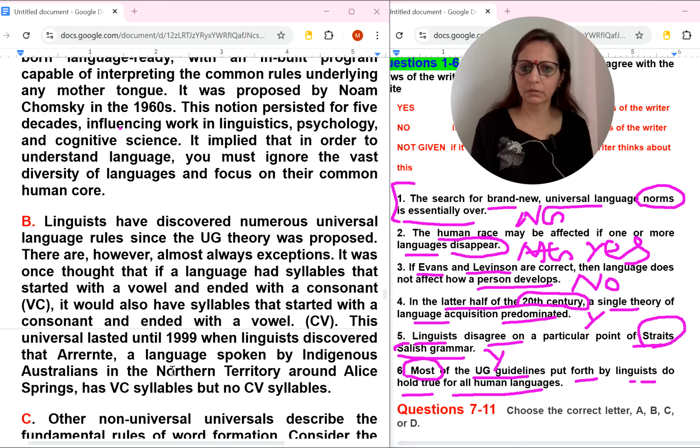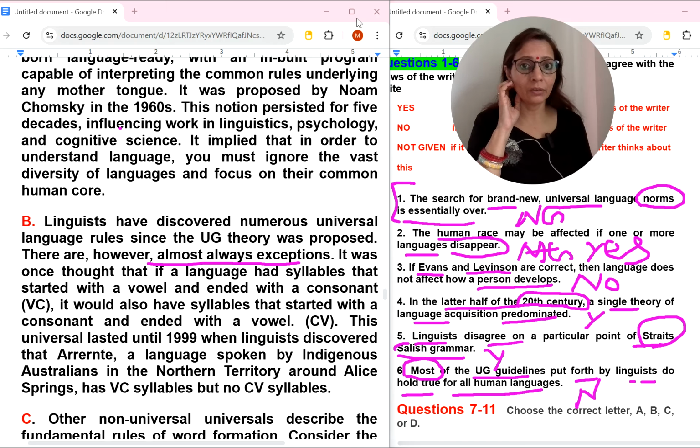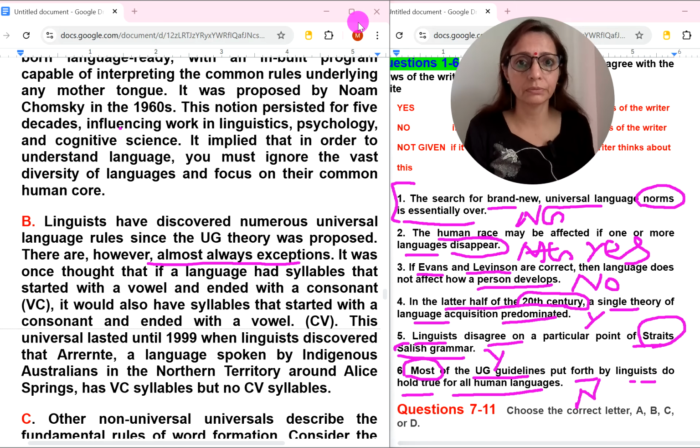Here they are saying a contradiction, and they have said this however exceptional cases are always there. So I will mark it no only. If we get something later on in another paragraph, then we can always reconsider this sixth question.